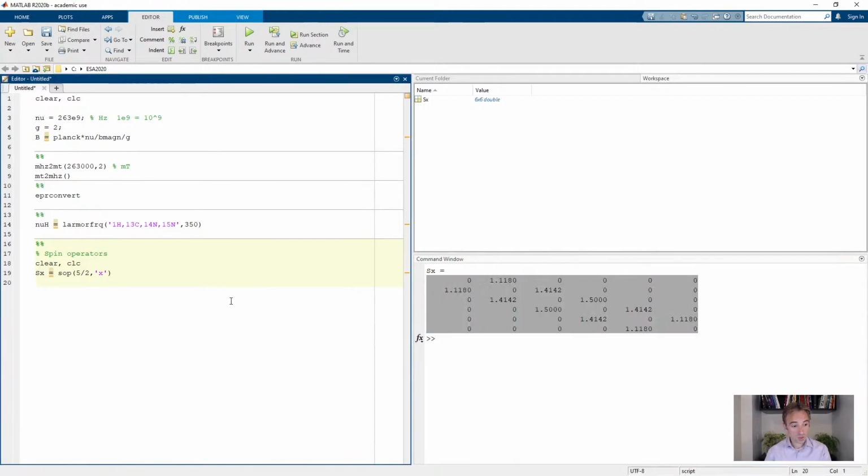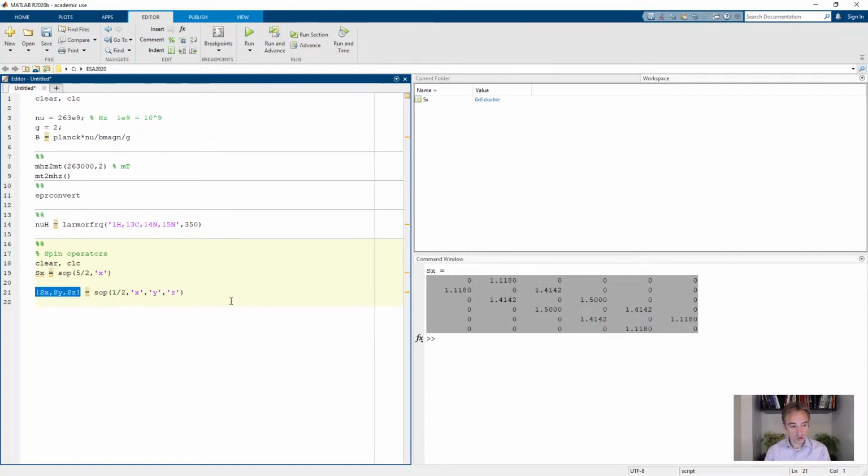With SOP, you can also calculate several operators at the same time. Sometimes it's convenient just to get all operators for a particular spin, and that's done this way. You specify all the operators you want, let's say SX, SY, SZ, give them names, then call SOP, specifying the spin quantum number, and then just a list of the operators you desire, X, Y, and Z. There is no limit on how many you can specify inside SOP.